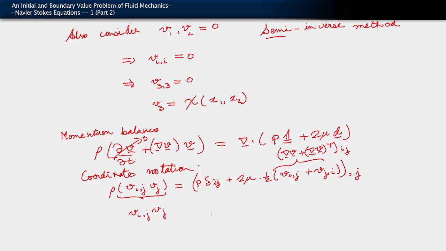Now, this term as well as what we have up here holds for i equals 1, 2, 3. But note that V1 and V2 are each equal to 0. And what that implies then is that we need to consider just V3 comma j Vj, of the terms on the left hand side.